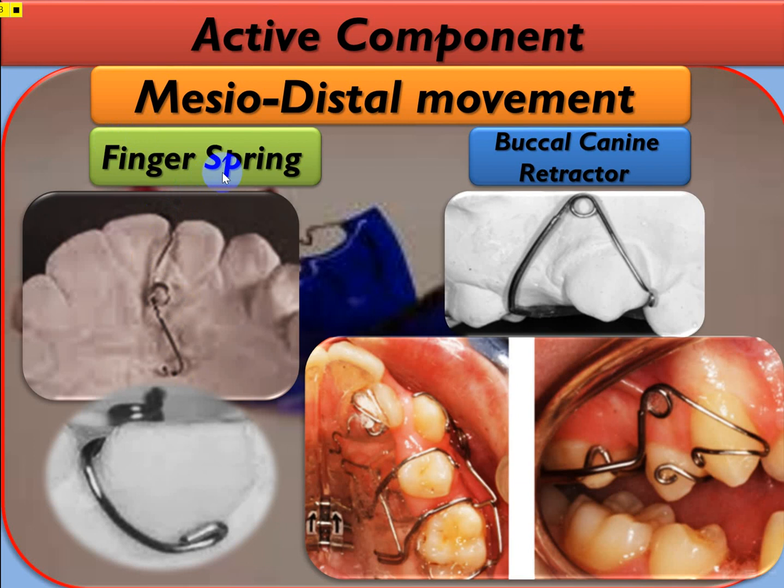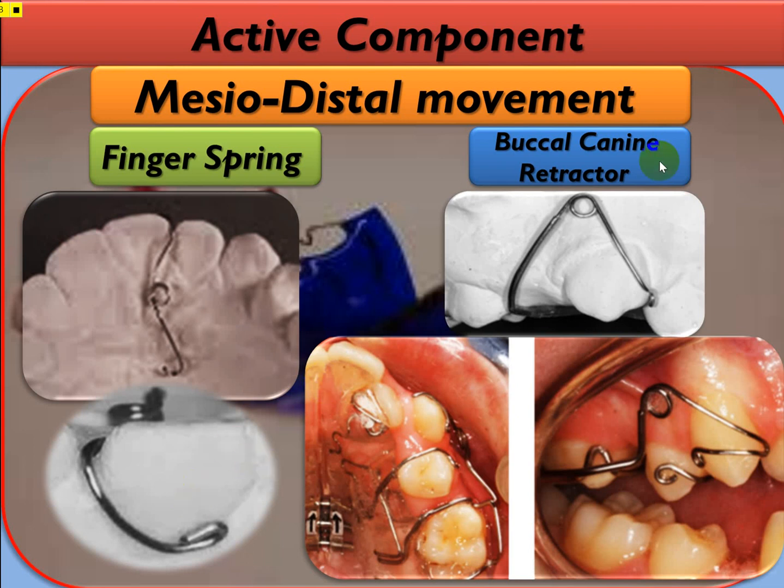The most important things to keep in mind for the finger spring are that the coil of the finger spring should be located opposite to the direction of tooth movement, and the activation of the finger spring is by opening the coil, while the activation of the recurved Z spring and Z spring is by closing the coil.